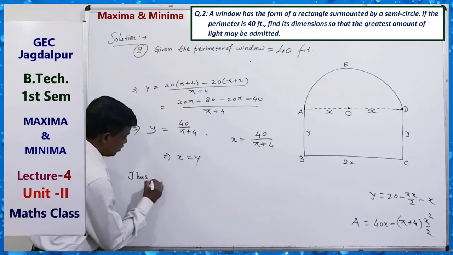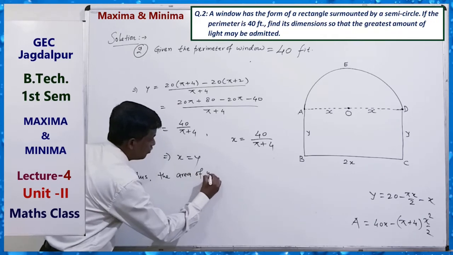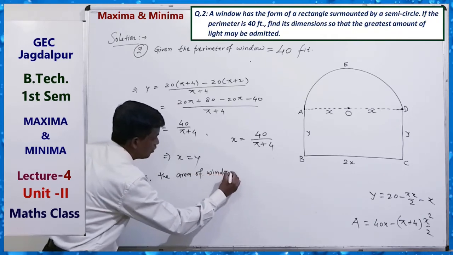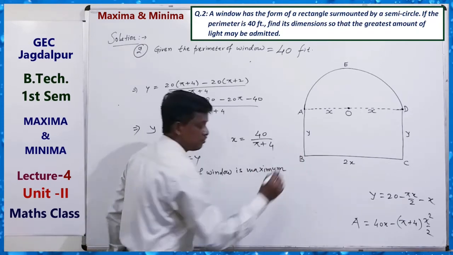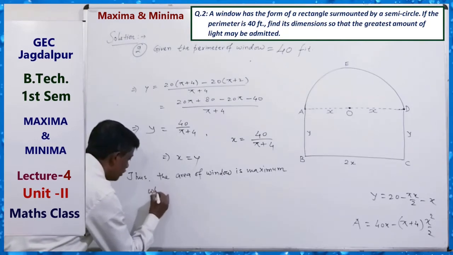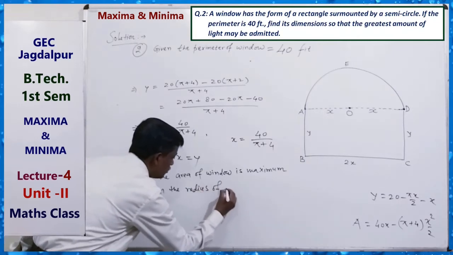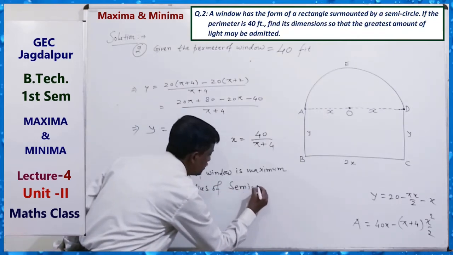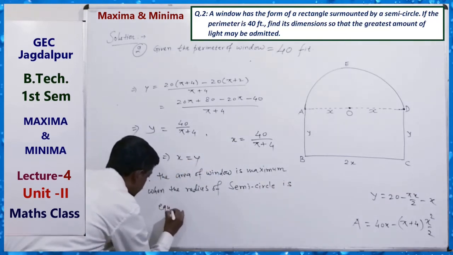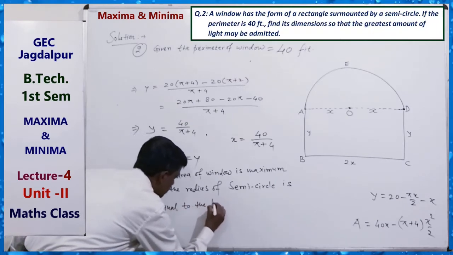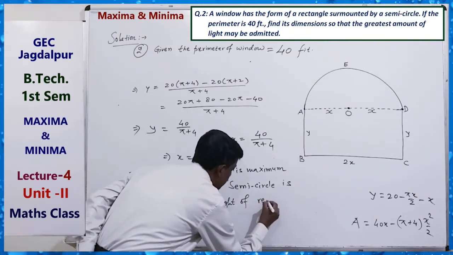Thus the area of window is maximum when the radius of semicircle is equal to the height of rectangle.